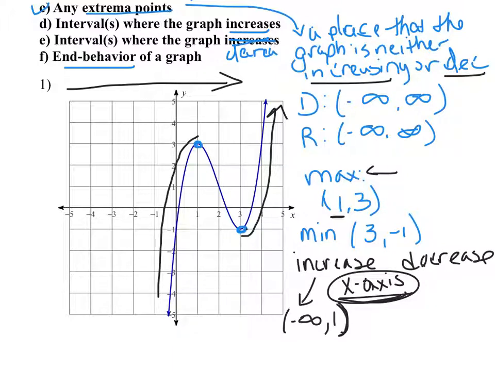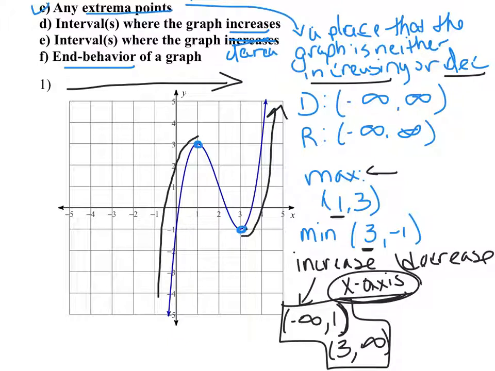Another interval that it's increasing starts at this other extrema point. The x value for that extrema point is 3, and it goes to infinity. So these are the values where this graph, I'm sorry it's so messy, is increasing.